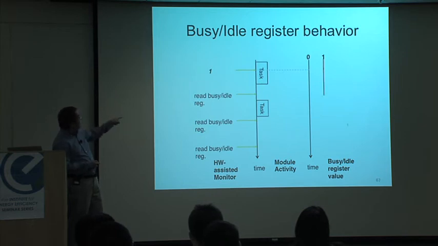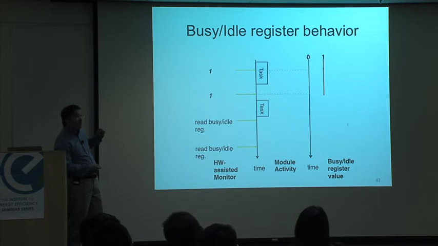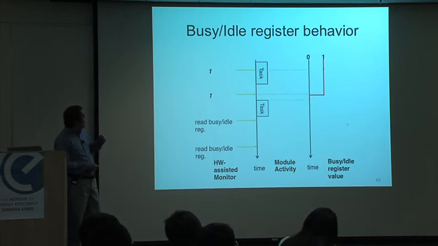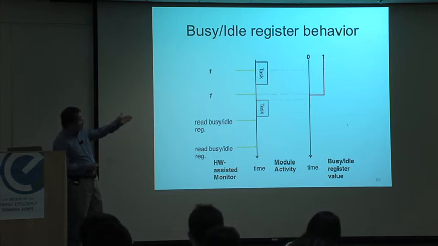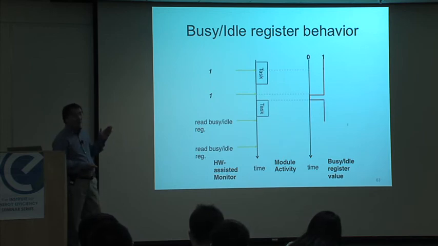Now you read it again. Your second read comes here, and at this time you will read 1. But because the module is not doing anything useful, this register will be reset back to 0. And then when the module starts processing the next task, immediately it goes to 1.